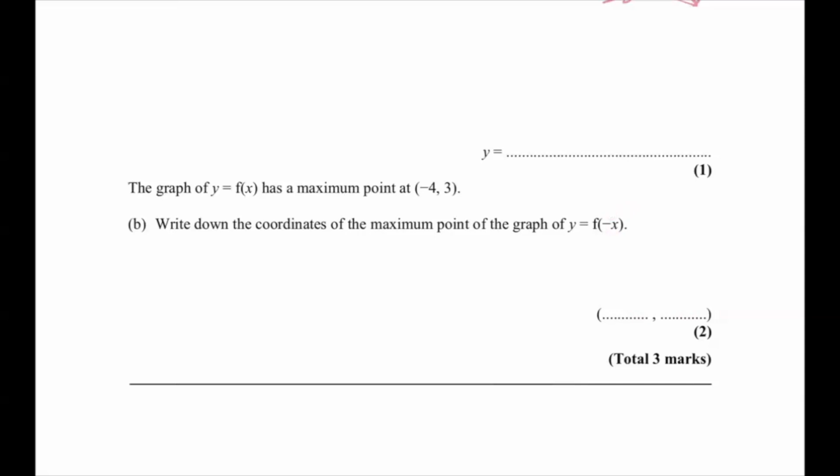So we're seeing times by -1 in that bracket. The opposite would be to divide by -1. So if I've got my x coordinate and I divide it by -1, it will give me 4. So the answer is 4, 3. What's actually happening to the whole graph is it's flipping in the y-axis as a reflection.